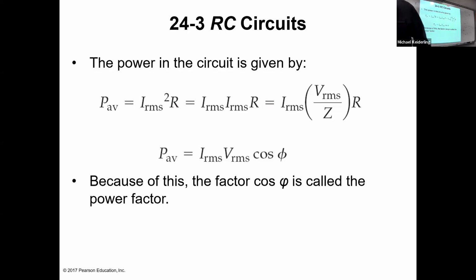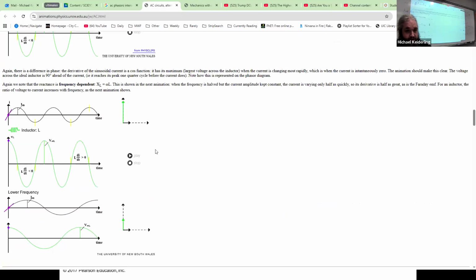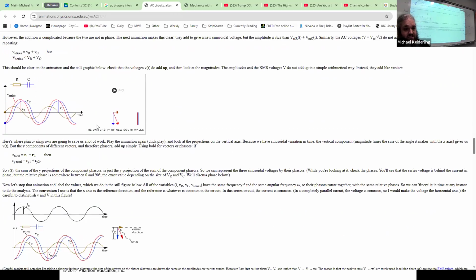So I can also show you an animation of an RC circuit. So let me do that. I have one further down. So here's an RC circuit with a resistance and a capacitance combined and their voltages add, but they're out of sync with each other.